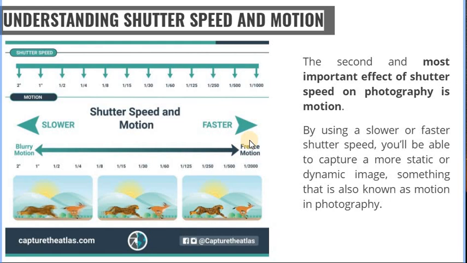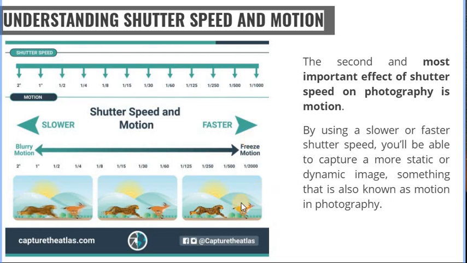Di ba? So, for example, you wanted to capture a moving butterfly. Anong kailangan mong gawin? Kailangan ang shutter speed mo ay, alin? Mabilis. Kasi kapag mas mabilis ang shutter speed mo, mas nakukuhanan mo yung paggalaw ng iyong butterfly. Ibig sabihin, nag-freeze yan in motion.